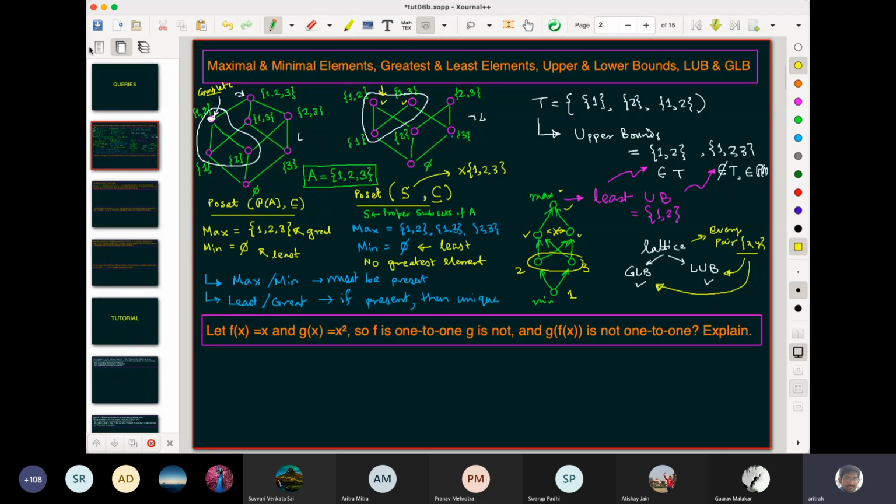Okay, and if somebody has asked me about a lattice which is not complete, just wait a minute. I will show that not every pair of elements has it. You can think of it this way: let's say Q is the set of rational numbers. Or rather, let's say all finite subsets of natural numbers with respect to union and intersection.